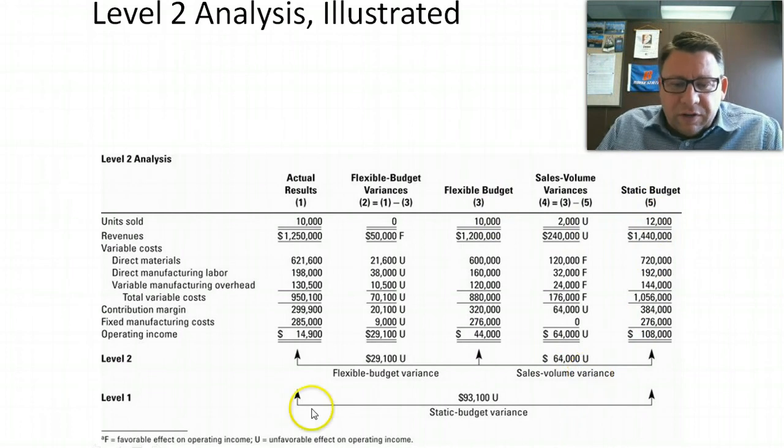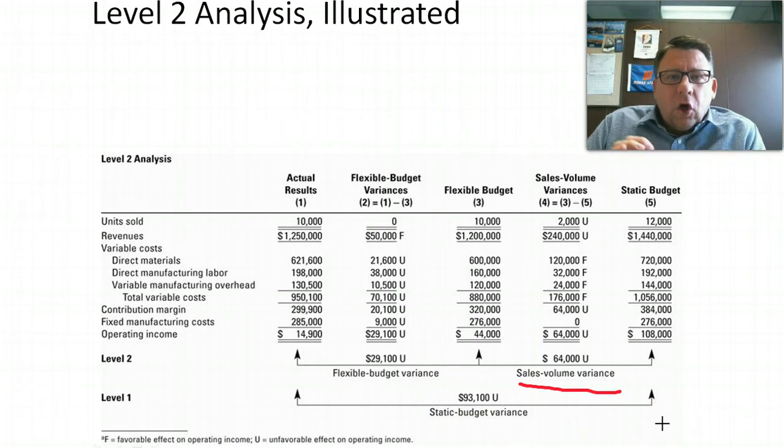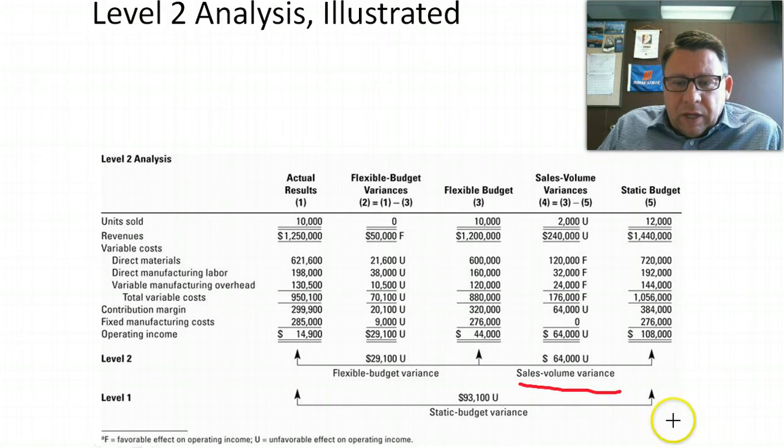The reason I know that this variance here is only caused by the change in volume is because the per unit price and costs are identical in these two budgets. Remember, I use $60 per unit, right? So $60 times 10,000 is $600,000. $60 times 12,000 is $720,000.